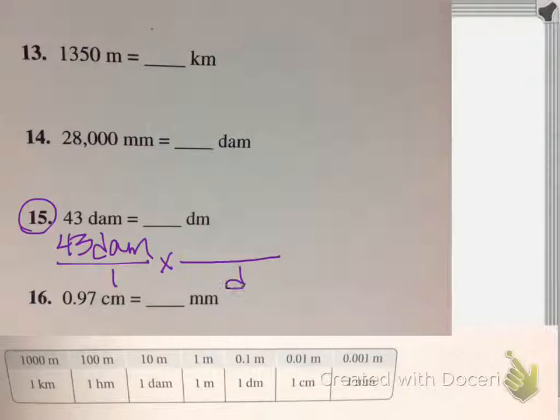We want to have decameters on the bottom, because remember we want that to cancel out. And I know that decameters, deca means 10, so I know that there are 10 meters in 1 decameter.